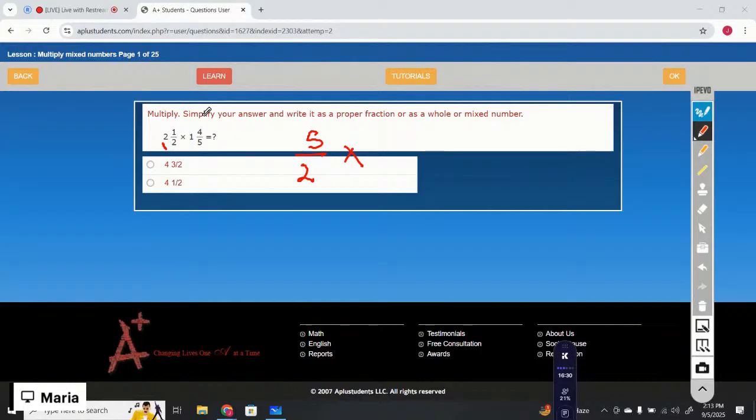Now same thing you need to do with the other fraction. 1 times 5 is 5 and plus 4 is 9 over 5. Just do numerator times numerator, denominator times denominator. 5 times 1 is 5. So we are left with 9 over 2. We can go for 2 times 4 is 8. 9 take away 8 is 1. So it will be 4 whole 1 over 2.